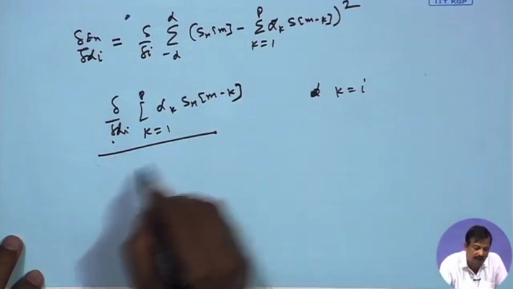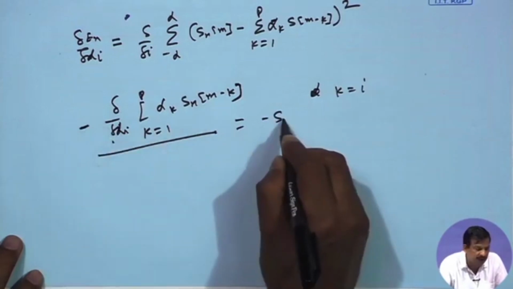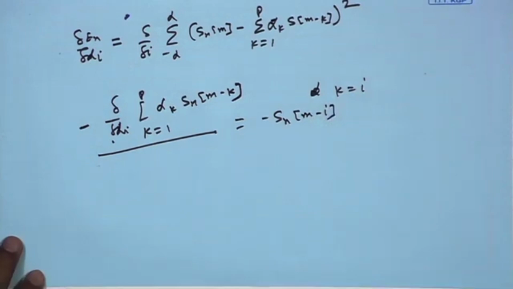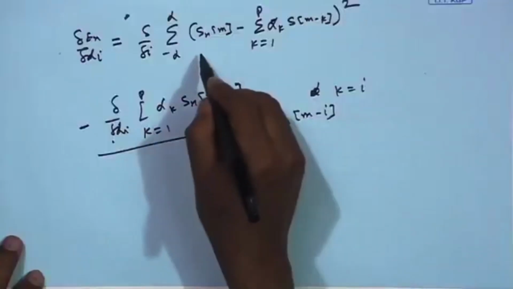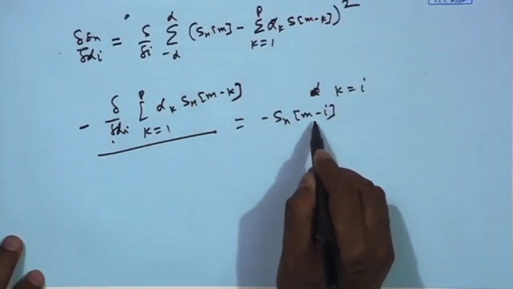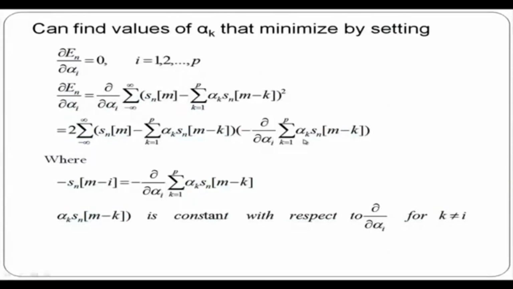So, this is nothing but minus s n m minus I, otherwise it is 0. So, the output of this is s of n m minus I, and I can put that value in here.